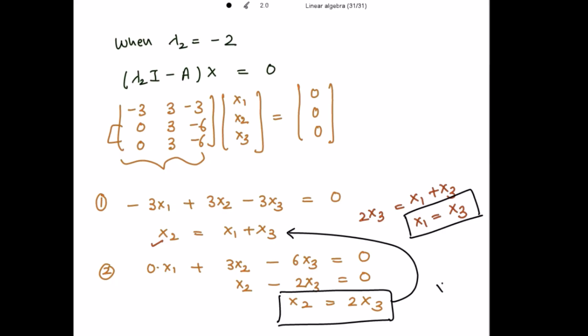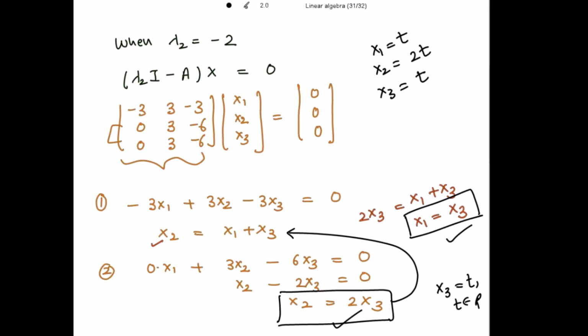If I put x2 equal to 2x3, then x1 would be equal to x3. So this is the second relation we are getting. If I take x3 to be equal to t, where t belongs to the set of real numbers, I will be getting x1 equal to t, x2 equal to 2t, and x3 is equal to t because it is equal to x1. Let's write the eigenvector now.